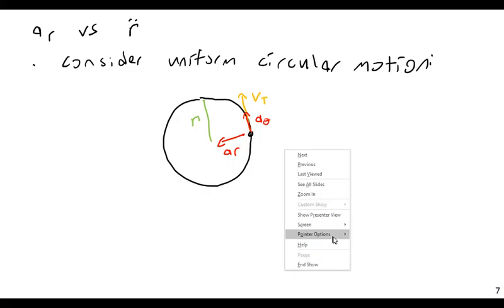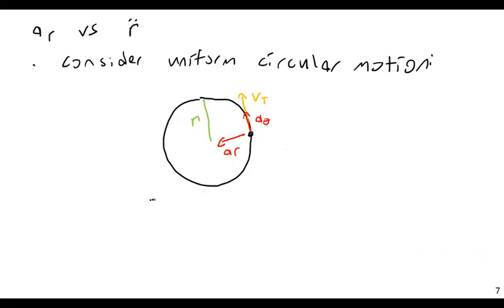However, in uniform circular motion, A theta may be 0.